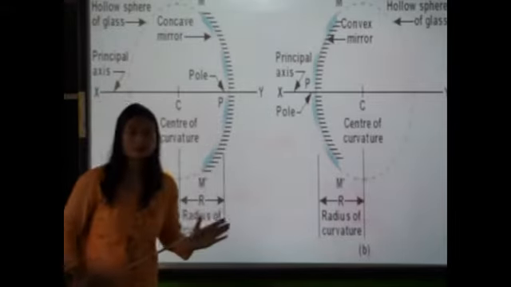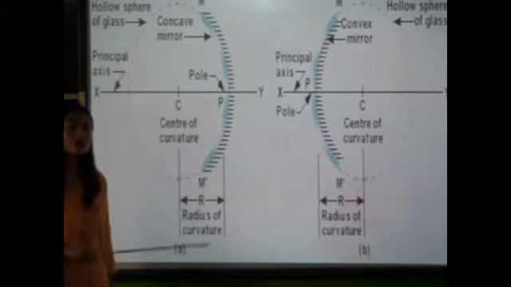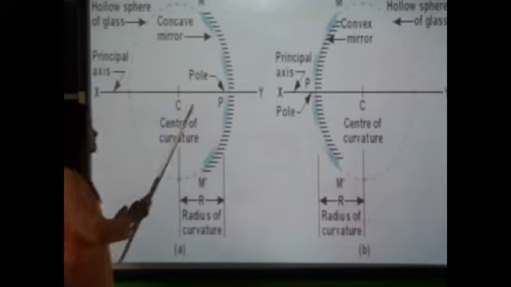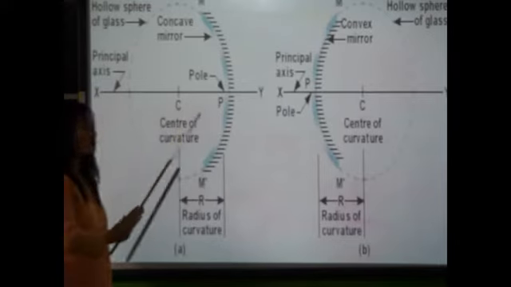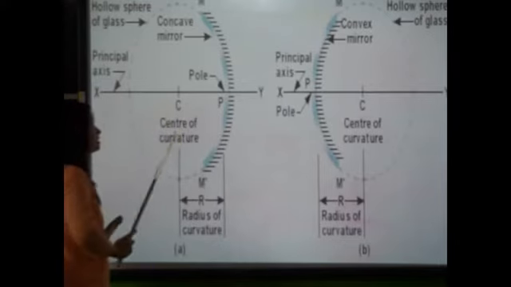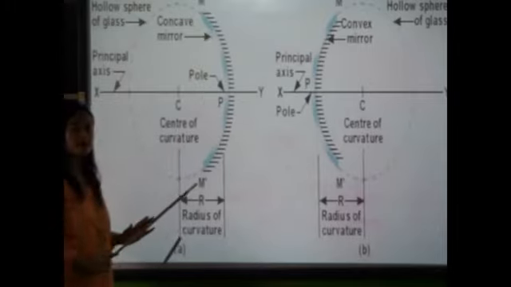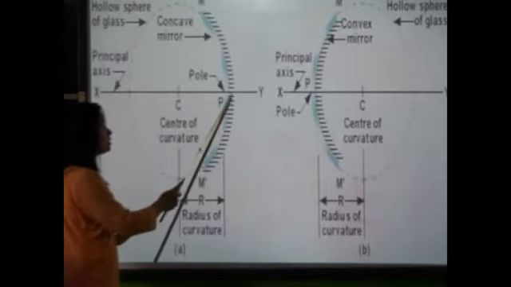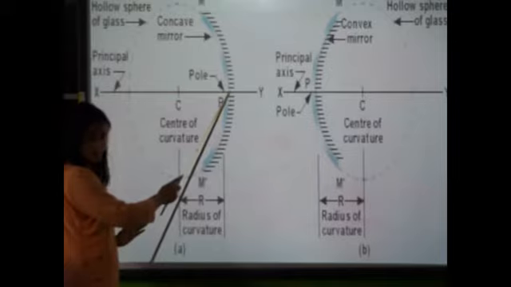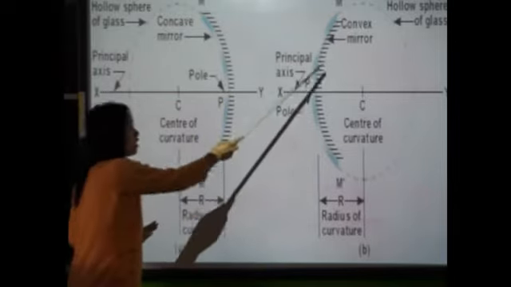So these are the important terms that you need to know for a spherical mirror. First, the center of curvature, which is the center of the sphere of which the mirror is a part. Next, the pole is the center of the concave or convex mirror.